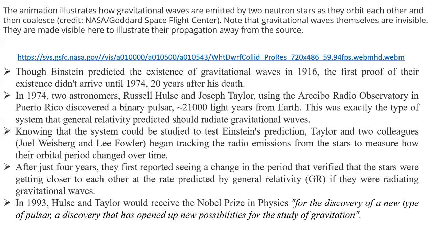Sorry, this is not two black holes, two neutron stars, as they orbit each other and coalesce, merge together. It was an animation created by the Goddard Space Flight Center of NASA. Note that the gravitational waves themselves are invisible. They are made visible here to illustrate their propagation away from the source. It's not like what you are expecting.